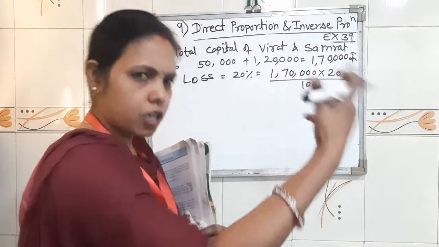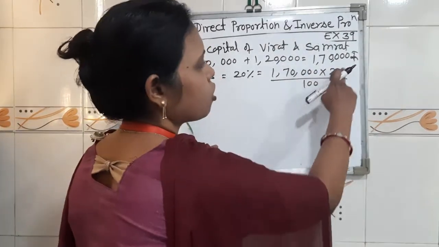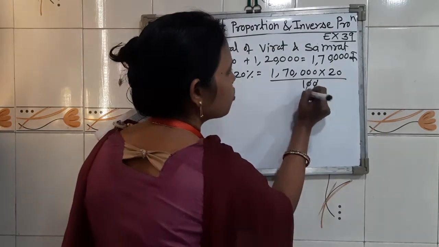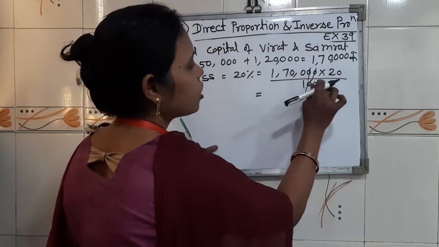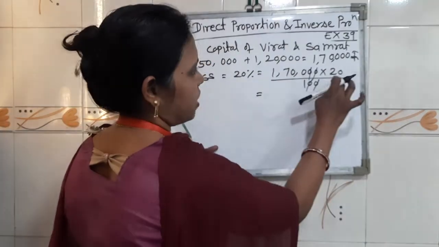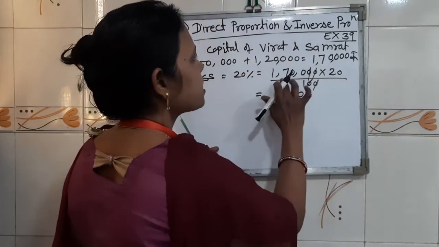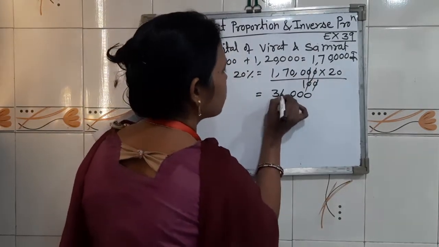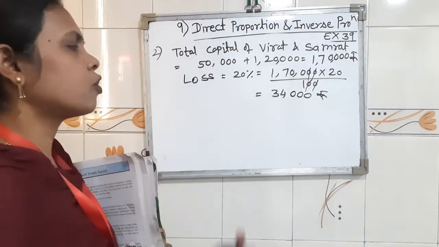When we convert 20%, this symbol, then we write 20 upon 100. So children, 20 is cancelled from numerator and denominator. Then how many zeros remain? 1, 2, 3. Then 17 2s are 34. They both got a loss of 34,000.